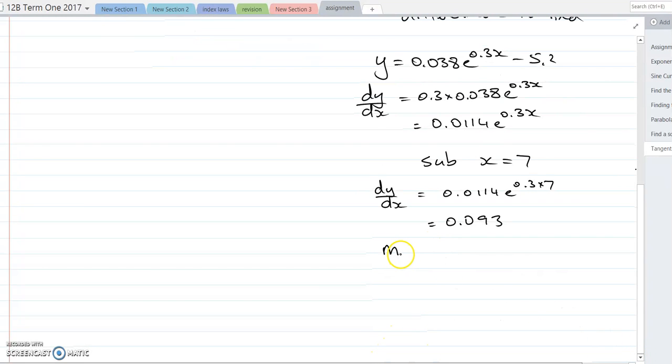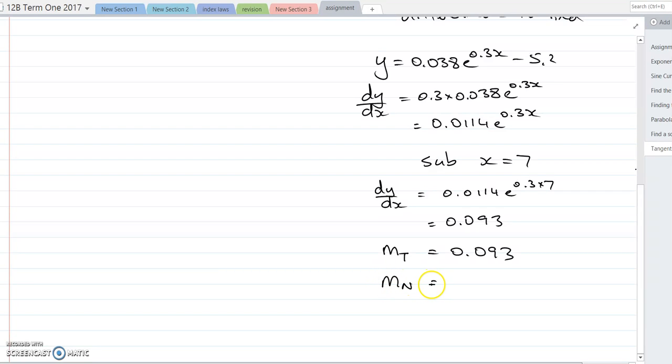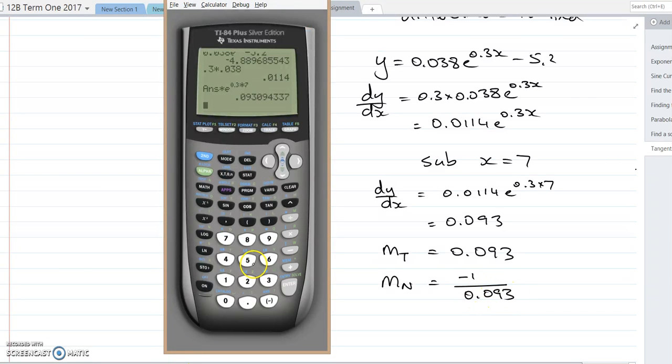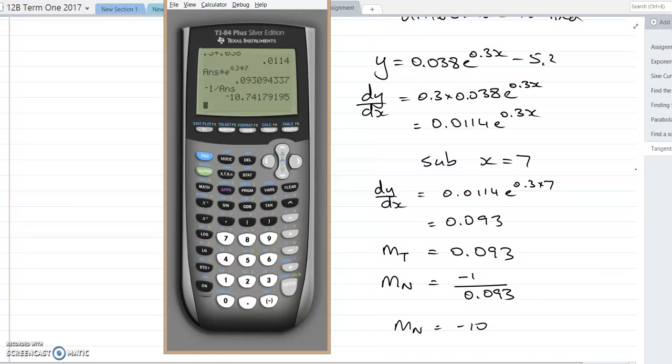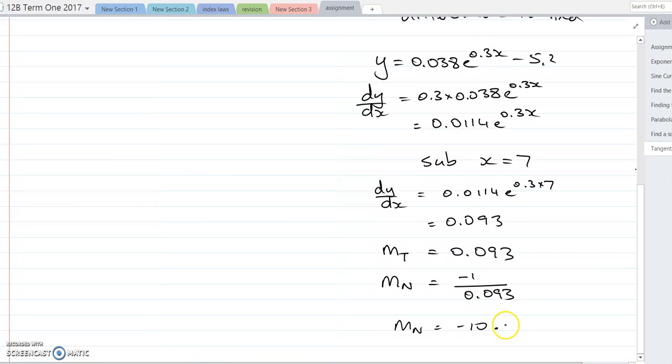This is my gradient for my tangent, equals 0.093. Just while we're here, the gradient for our normal, the formula is negative 1 divided by that number. In my calculator, negative 1 divided by 0.093, the answer is negative 10.74.